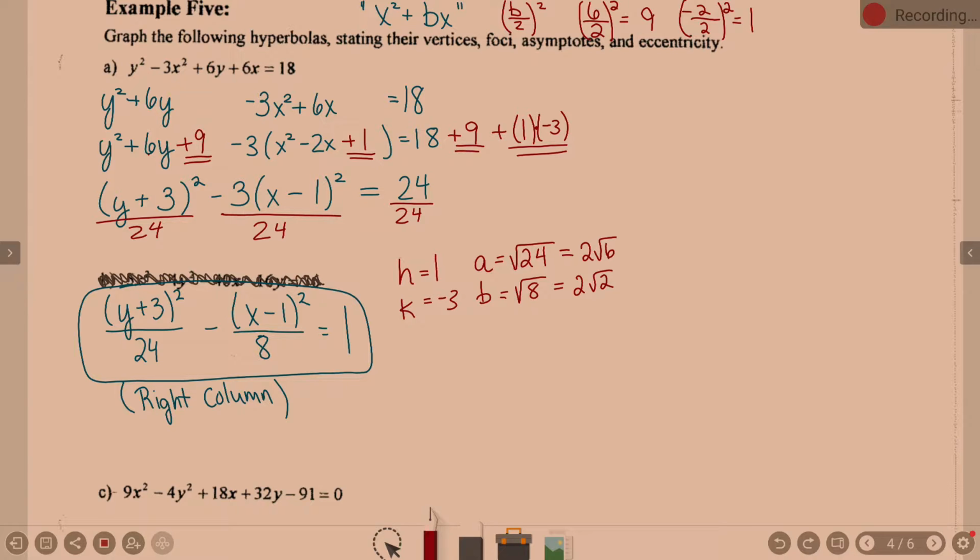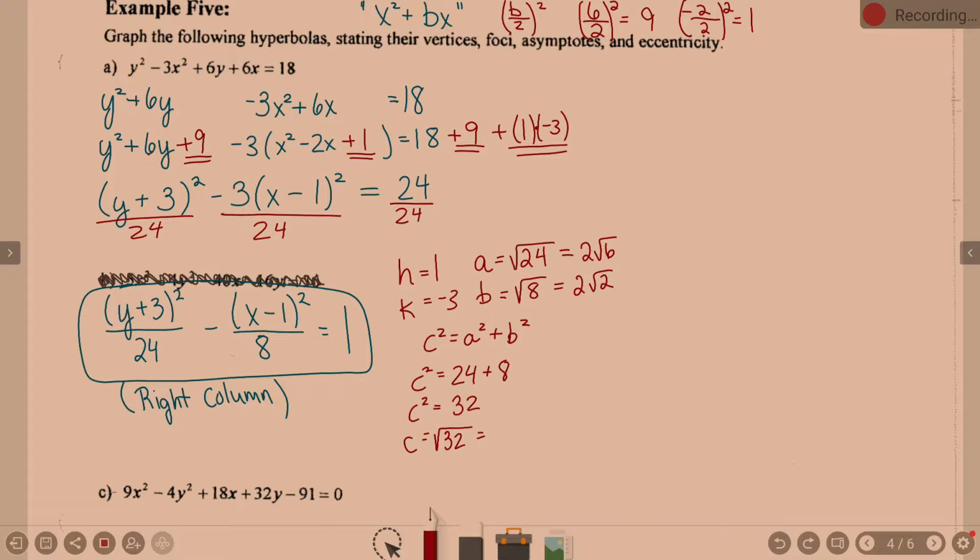And I see the word foci up there, so I know I'm going to need to have C. So C squared equals Pythagorean relationship, A squared plus B squared. C squared equals 24 plus 8. C squared equals 32. So C is the square root of 32.